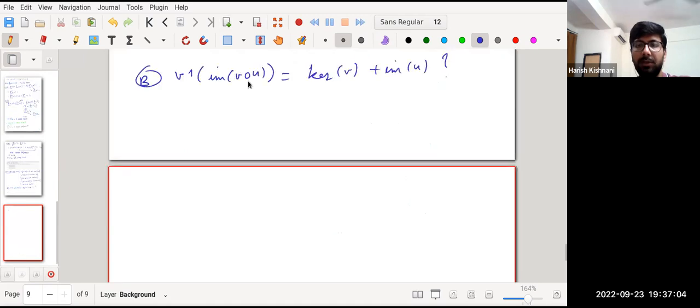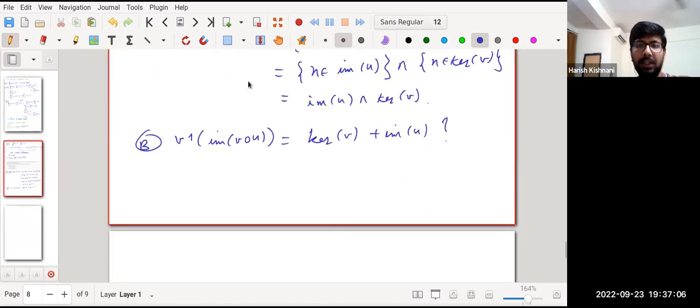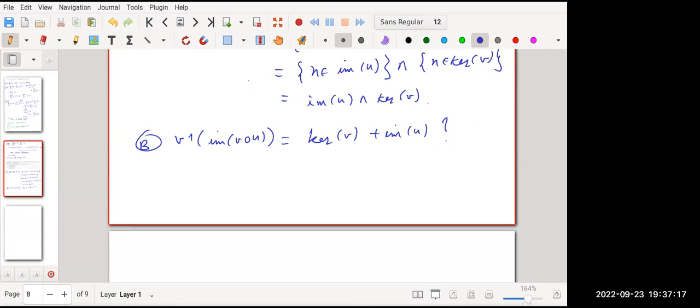The sum of modules is just the module generated by their union, or the smallest module which contains both of these modules. So we need to see that.